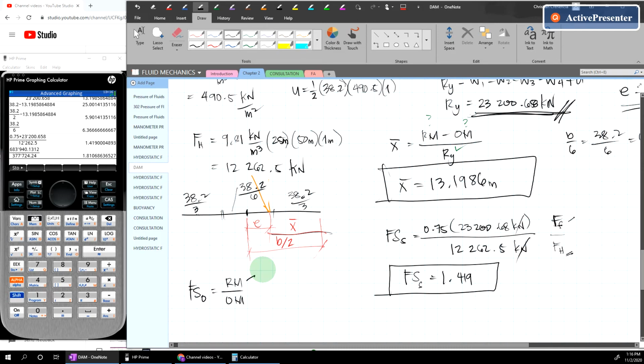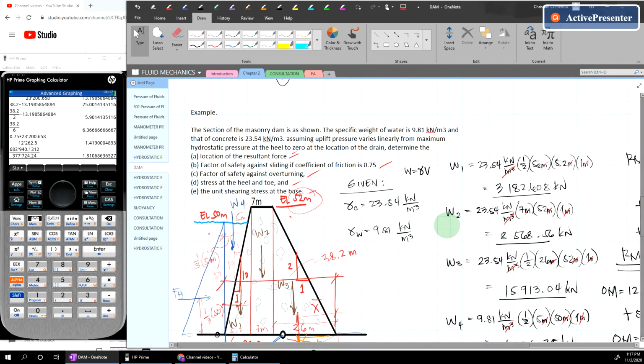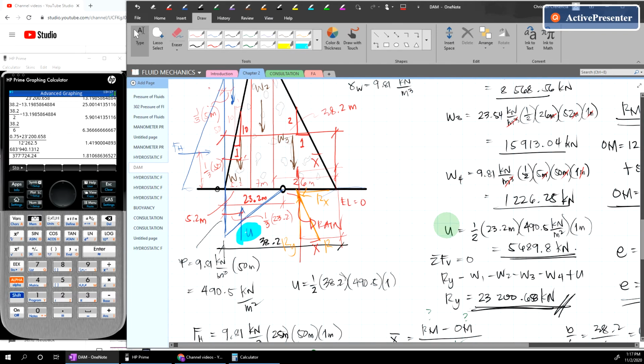Okay, so this will be equal to 1.811. Okay, then we are also safe against overturning. So, mas malaki yung righting moment as compared sa ating overturning moment. Okay. So, next question is stress at the heel and toe. So, yung stress dun sa soil.